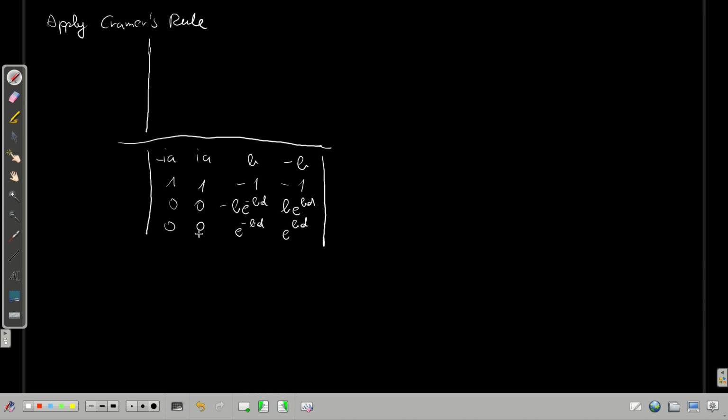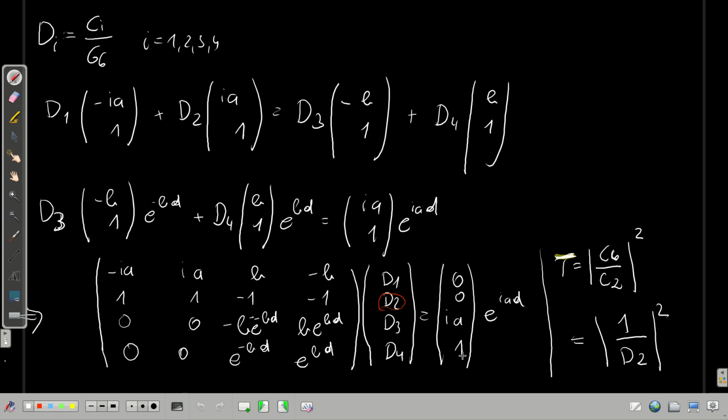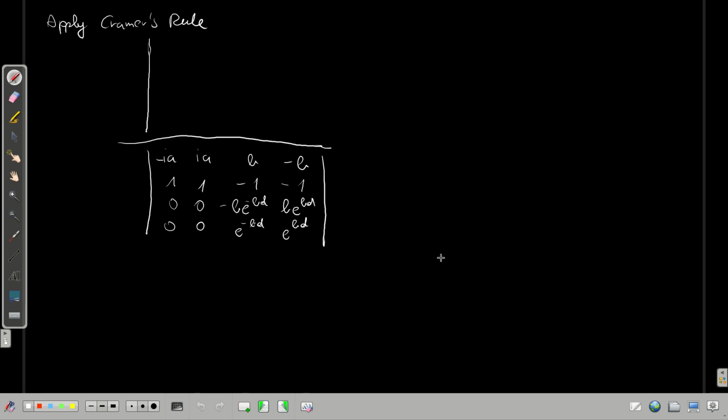Just because we're interested in D2, the second column of the determinant will be exchanged by the entries of the vector at the right-hand side here. So let's copy everything here, 0, 0. Then here we have now 0, 0.